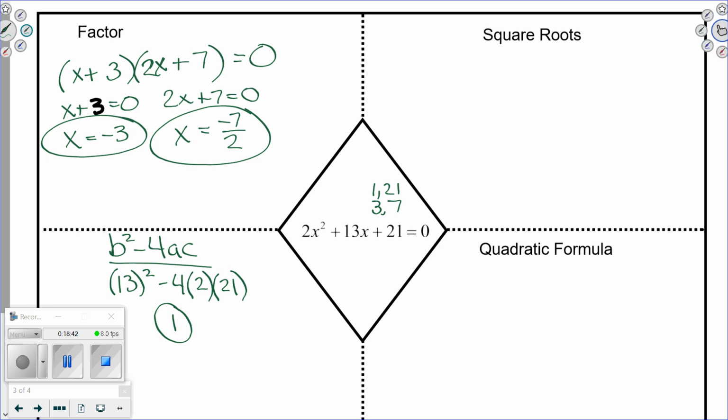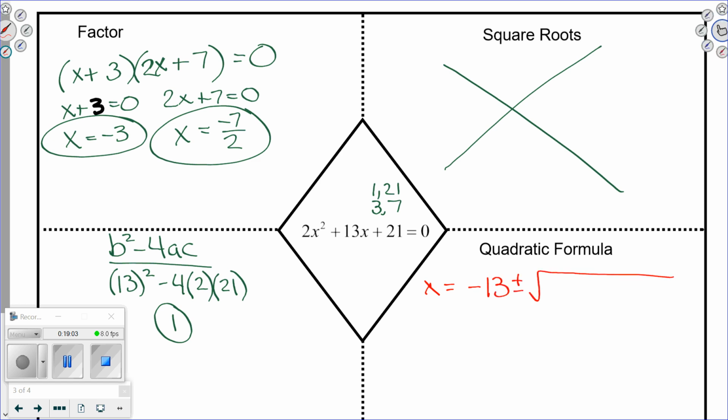Square root method? Nope, it's got an x term. Quadratic formula? You know you want to. Aw, it's fun. No? All right, so negative b is negative 13 plus or minus square root of b squared minus 4... Why am I writing all this down?